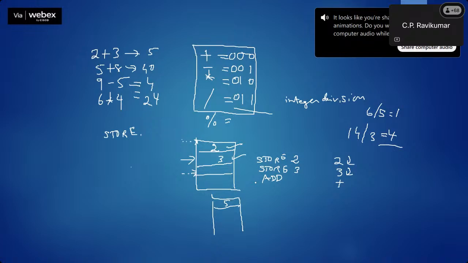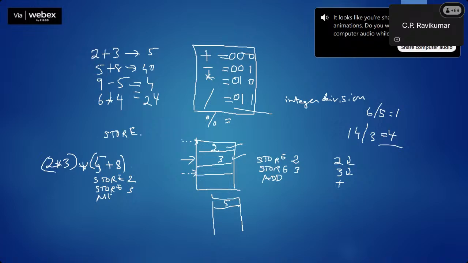So if I need to calculate something like this, our program will look like this: store 2, store 3, then add.